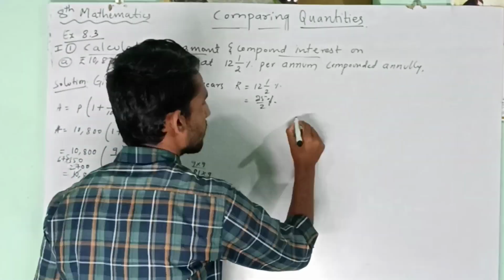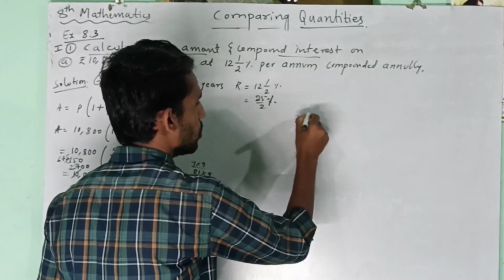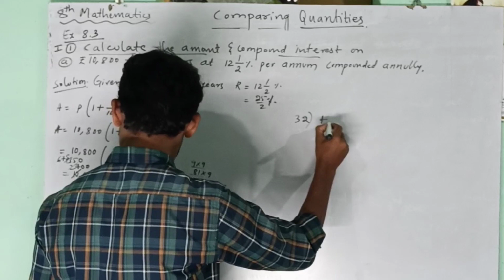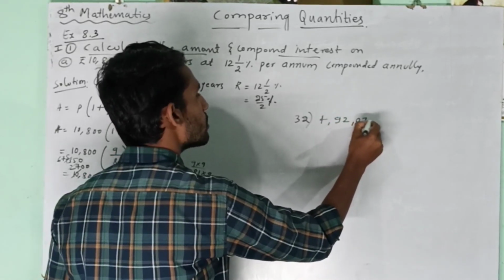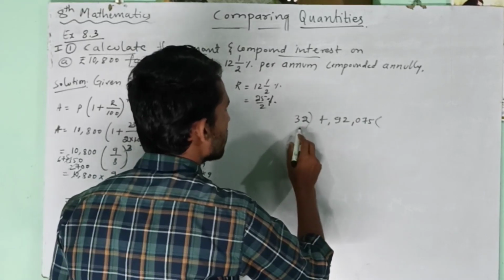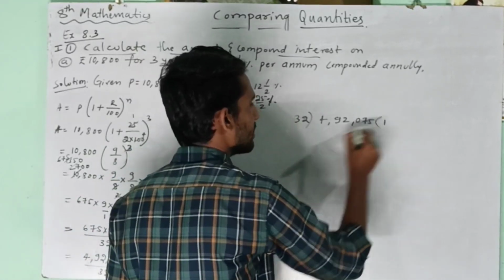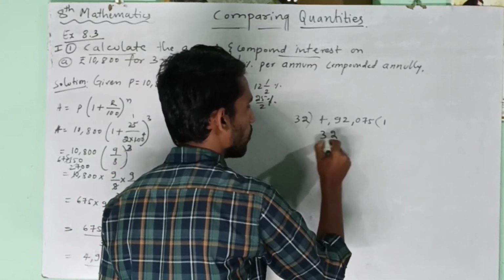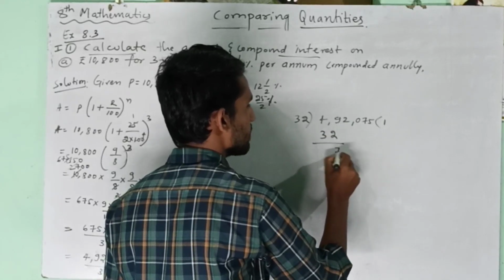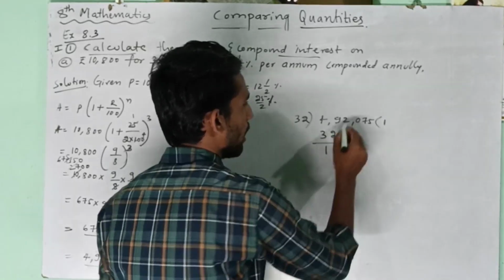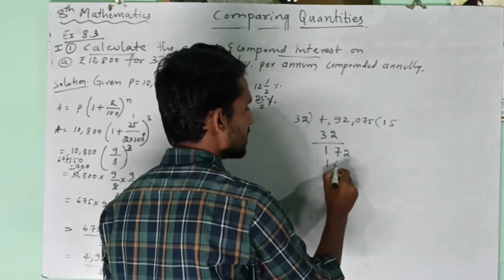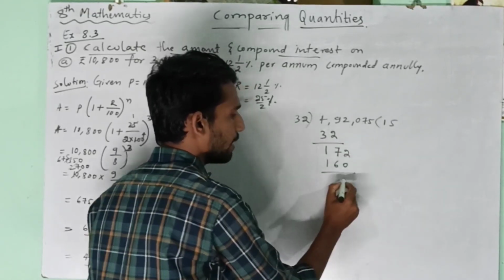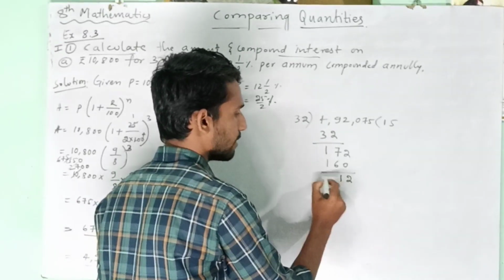Now I am doing the division, 4,92,075 by 32. 32 ones are 32. Remaining 7, here 1. Again 2. 32 fives are 160. Here 2, here 1, here 0.